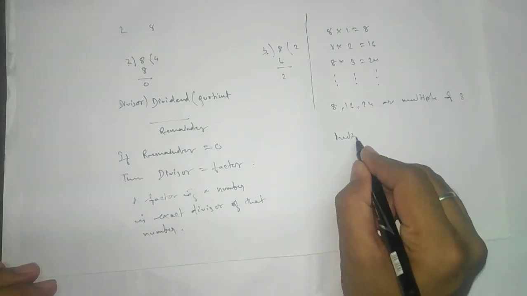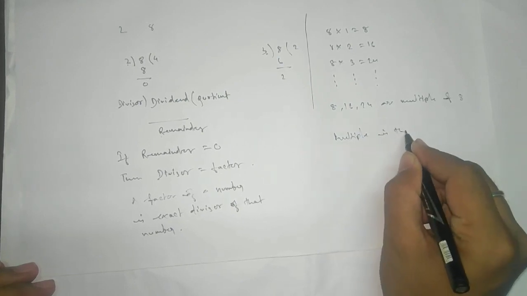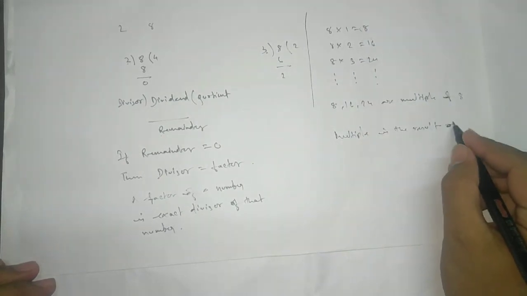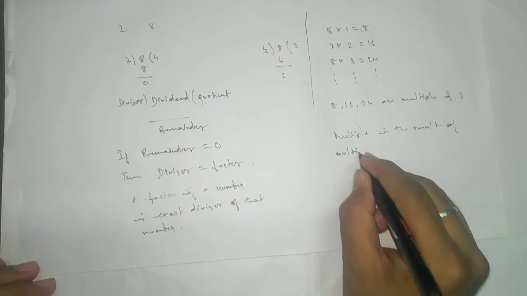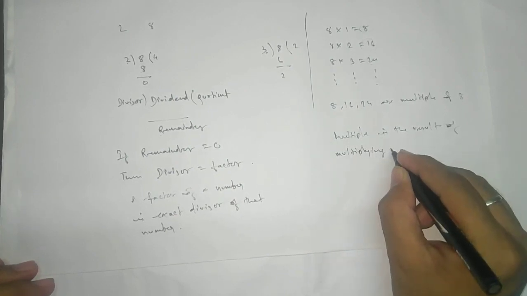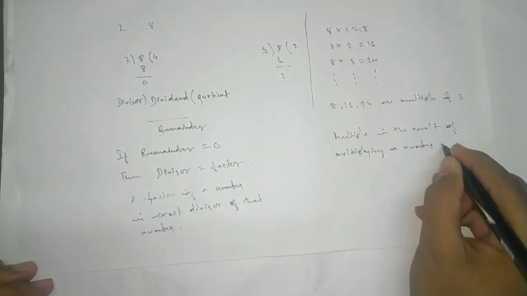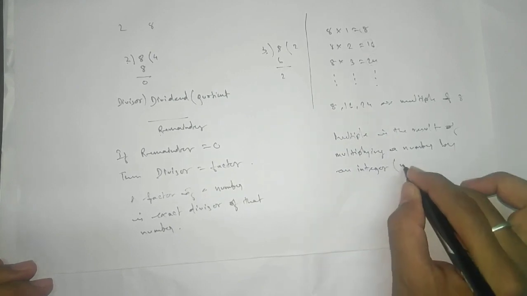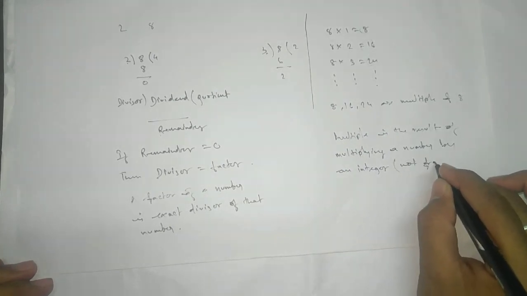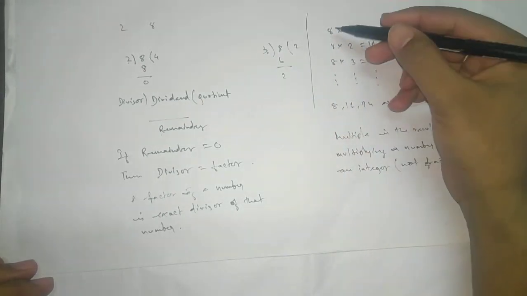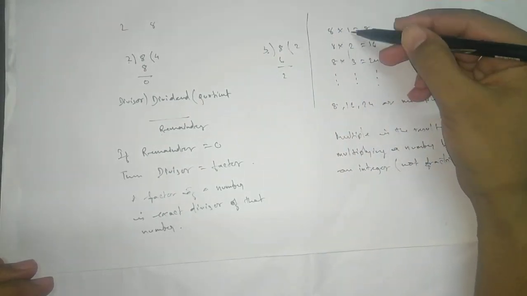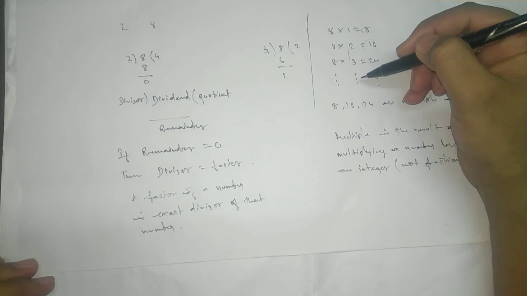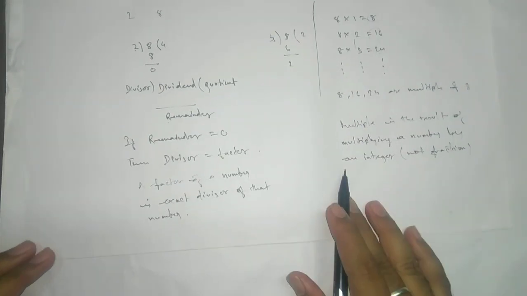A multiple is the result of multiplying a number by an integer. Very important: an integer, not a fraction, remember. That means if I say a multiple of 8, this side must be an integer. So this is the definition.